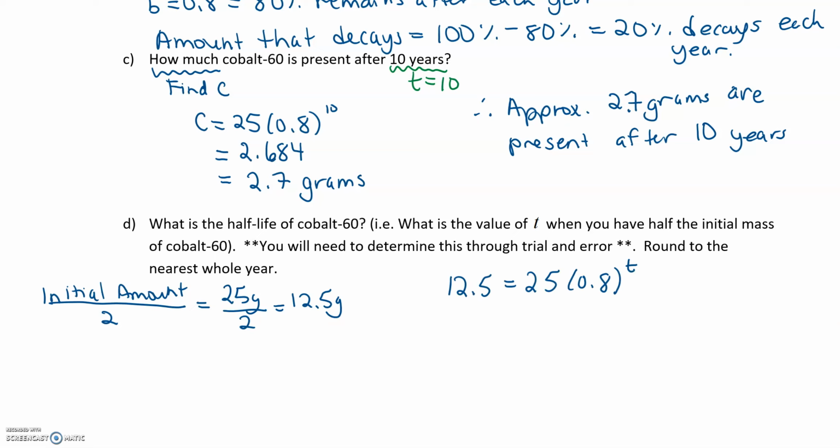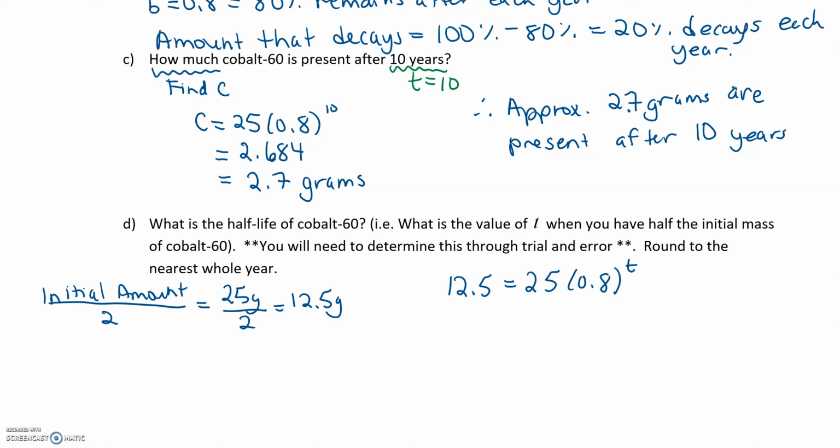We can substitute 12.5 into our original equation. So we get 12.5 is equal to 25 times 0.8 to the power of t, and we want to determine the value of t that will satisfy this equation. So the value of t such that the left-hand side is equal to the right-hand side. From Part C, we know that it is for sure much less than 10 years because after 10 years you only have 2.7 grams remaining, and we're looking for the value of time when we have 12.5 remaining.